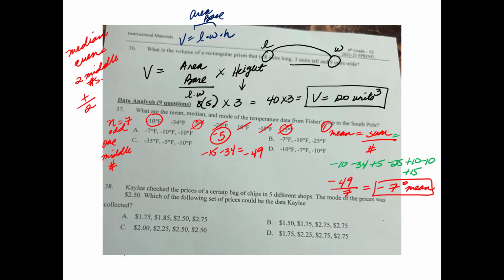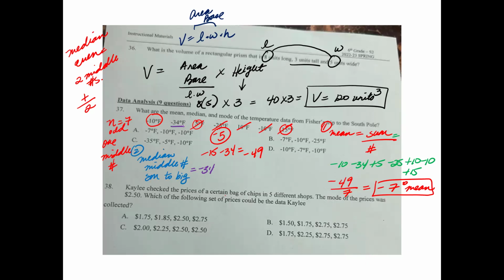Now let's find the median. The median is the middle number. You have to organize the numbers from smallest to biggest. What's your smallest number? -34. I'm just going to underline it so that we don't miss anything.